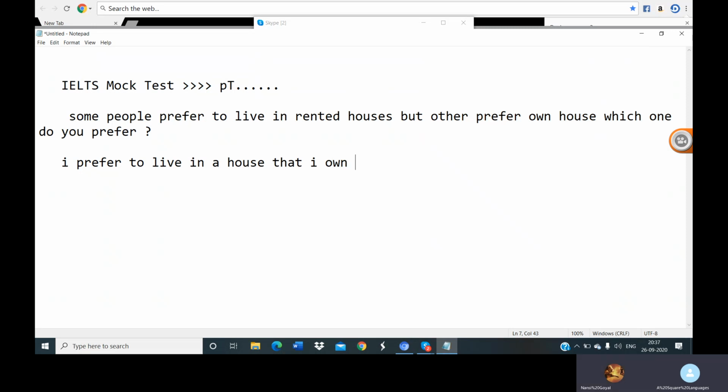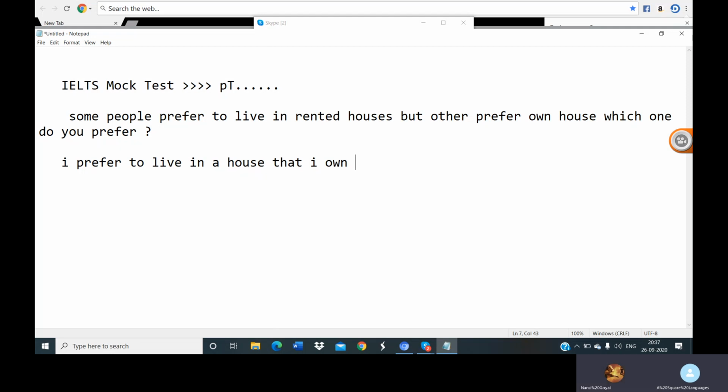This is very good English. You cannot say it casually because you are taking the International English Language Testing System, the IELTS. If you want a good band in your IELTS exam, you have to have a strategy for speaking English. I cannot say I prefer to live in my own house because I can say my rent, my money.